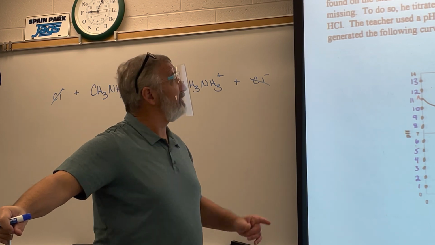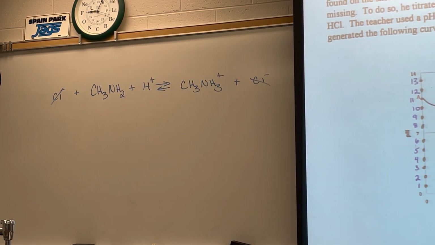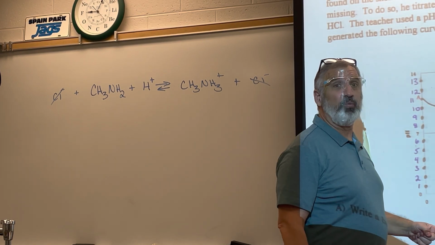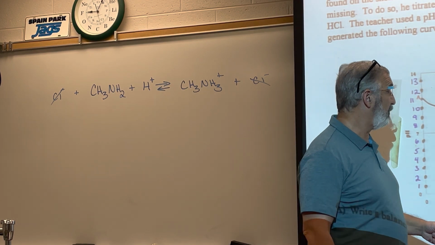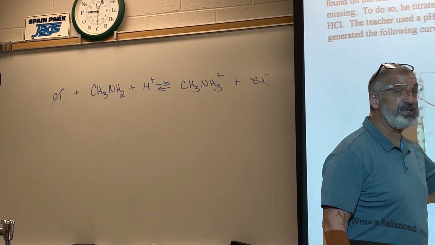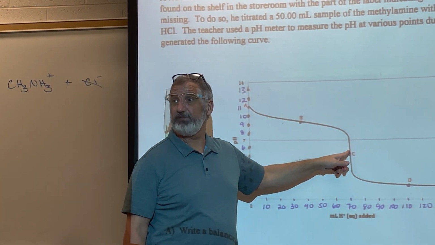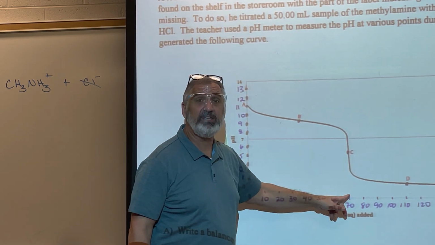Do we know the molarity of the acid? Yes. Do I know the volume of the acid? Where do I get the volume of the acid used? What point? C, because that's the equivalence point. MAVA equals MBVB is only at the equivalence point. So I'm going to assume that's right at 70.